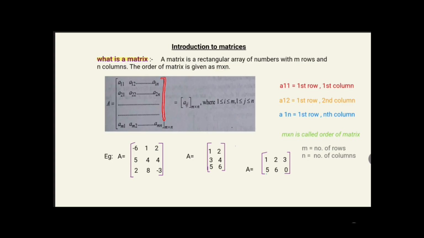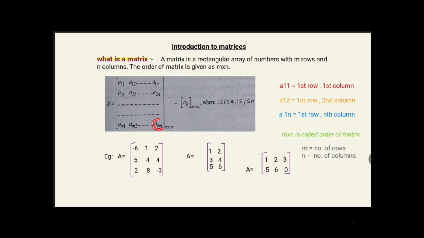See here students, this is called rectangular array and we will arrange the elements inside this rectangular array as a11, a12 up to a1n, a21, a22 up to a2n, and the last element will be amn. Where a11 is the element that belongs to first row first column, a12 is the element that belongs to first row second column, and a1n is the element that belongs to first row nth column.